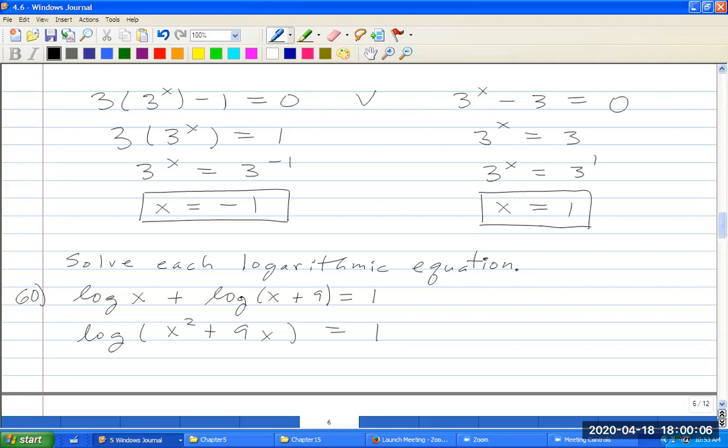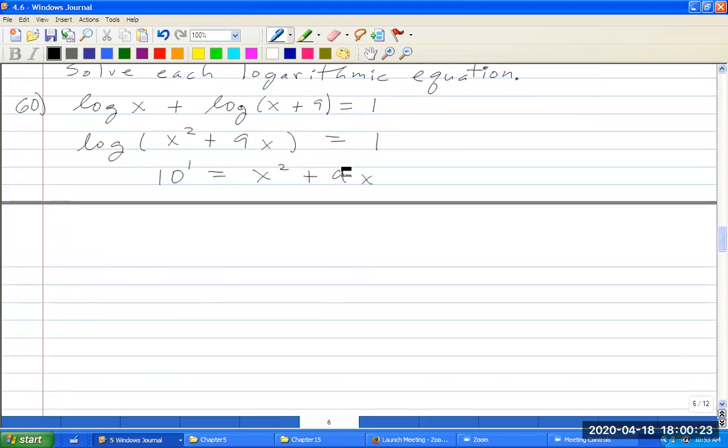Well, let's write this in exponential form. The base is 10, the exponent is 1, and the result is x squared plus 9x. 10 to the 1 is just 10. Subtract 10 from both sides of your equation. So I get x squared plus 9x minus 10 is equal to 0.